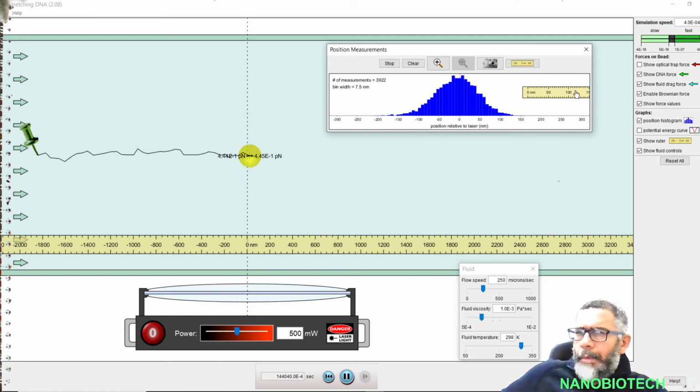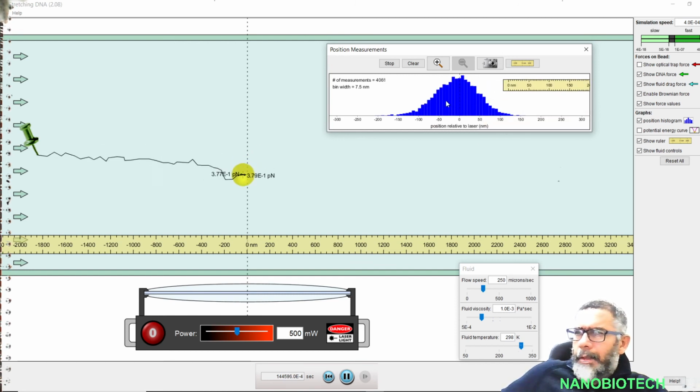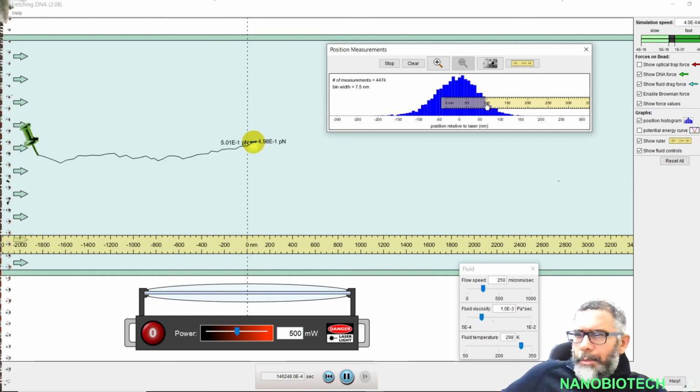And I want you to measure on this picture the width of this distribution. What is the width of this distribution right at the midpoint from 0 to the maximum? From 0 to the maximum, find the midpoint, and right at this midpoint, measure the width of this distribution.